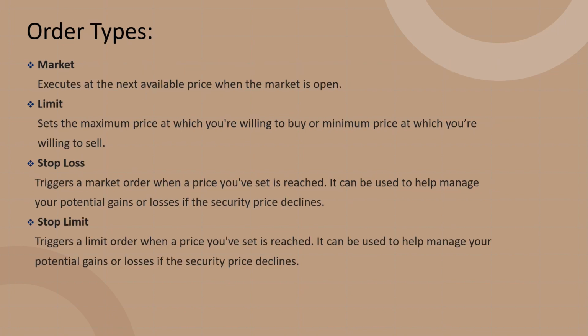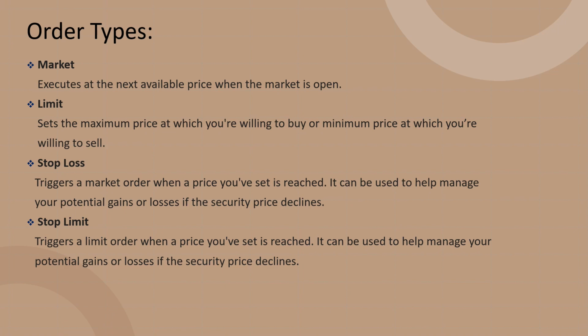Once you have the brokerage account, you should know something about the order types before you place the order. There are different types of order types that you can use when placing the order. One is called the market order, which executes at the next available price when the market is open. So you place a market order, say for Apple, and it currently trades at 100, and you place a market order now.